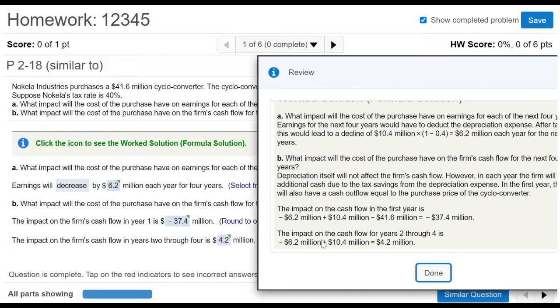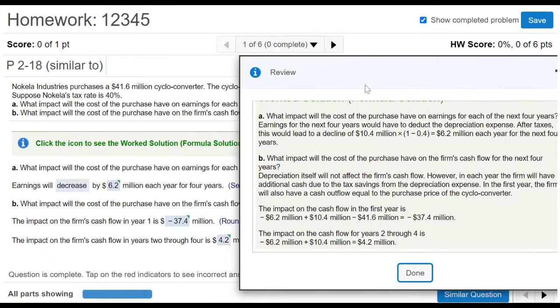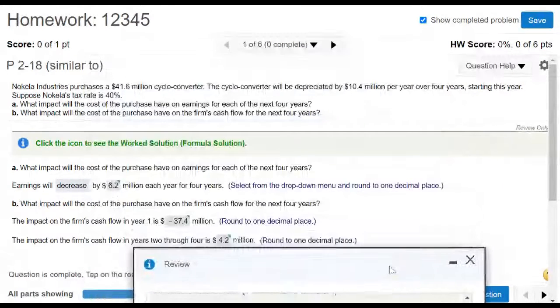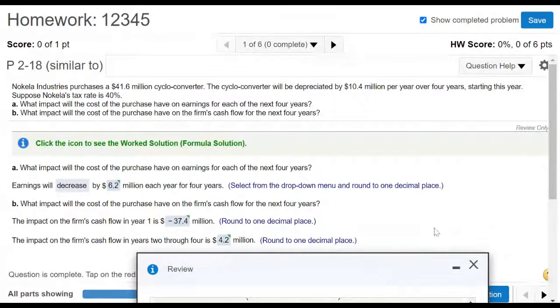And then 10.4, which is where we're getting it from. So the impact on cash flow for the next 2 through 4 years is going to be 4.2, right? One of the things that happens when you have an audit is to be able to explain your numbers and where you're getting them from.